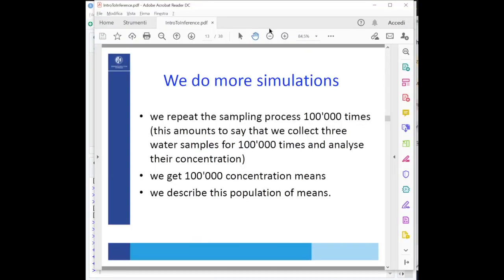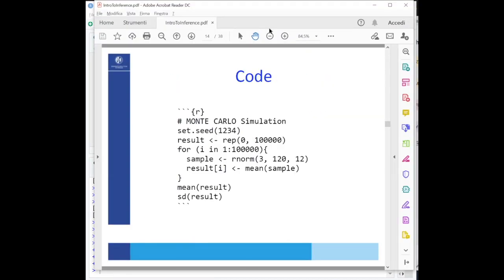Going back to this. Here we have the code. There are some small differences with this code. I did something slightly different here, because I didn't create an empty vector, but I created a vector with zeros.